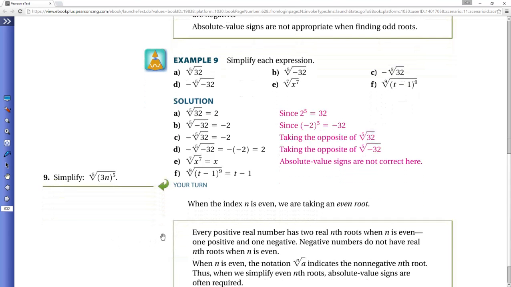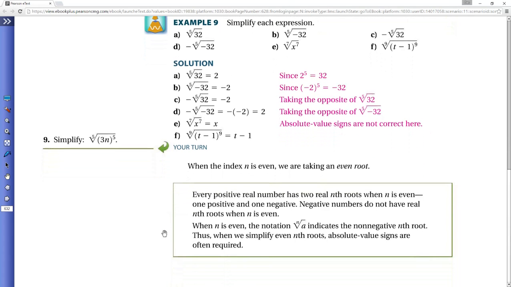The next thing that can happen with the index, or the type of root, is if it's even: we end up with one positive and one negative root. Negative numbers do not have real nth roots when n is even. When n is even, the notation indicates a non-negative nth root.